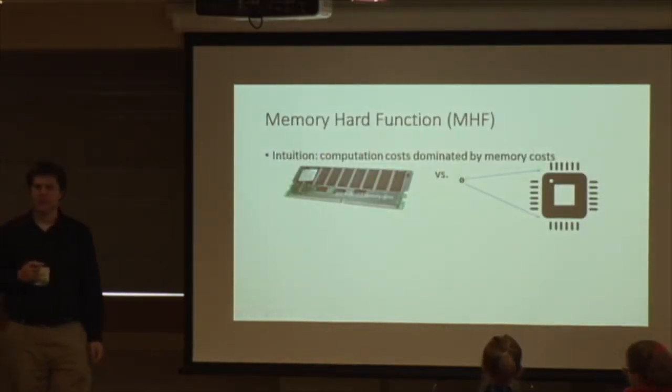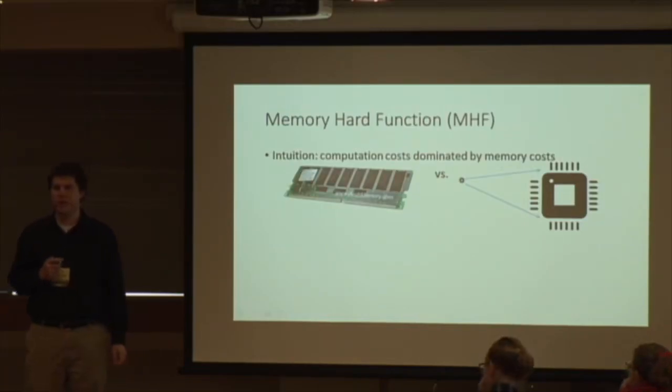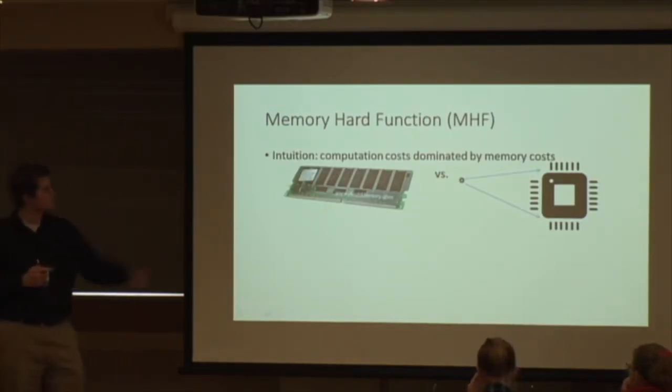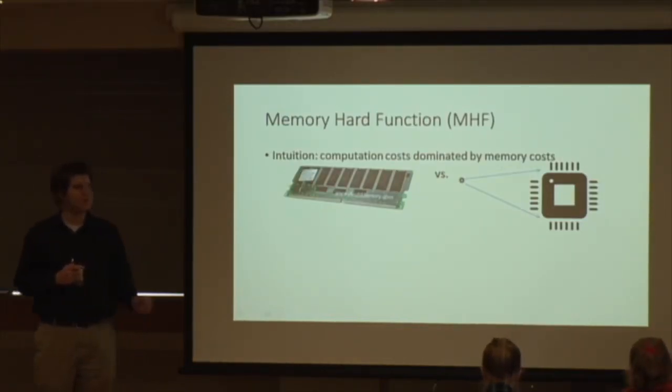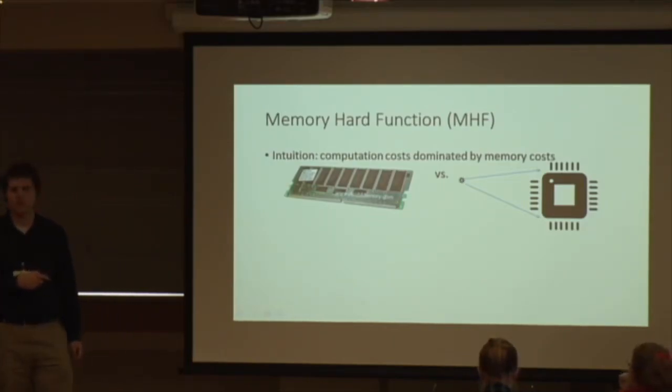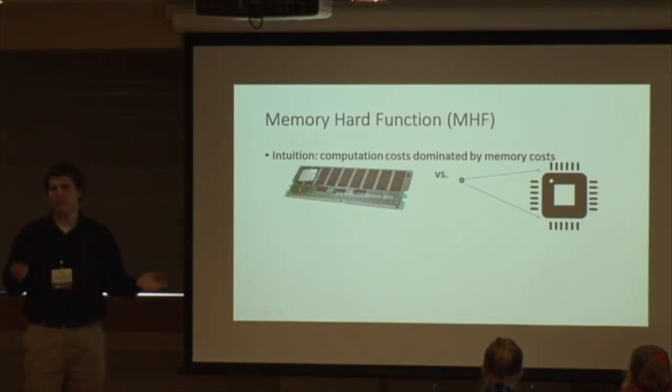All right, that might seem like an impossible goal. But fortunately, there's one trick that we can use to address this problem, and that's memory hard functions. So intuitively, a memory hard function is a function whose computation costs are dominated by memory costs.